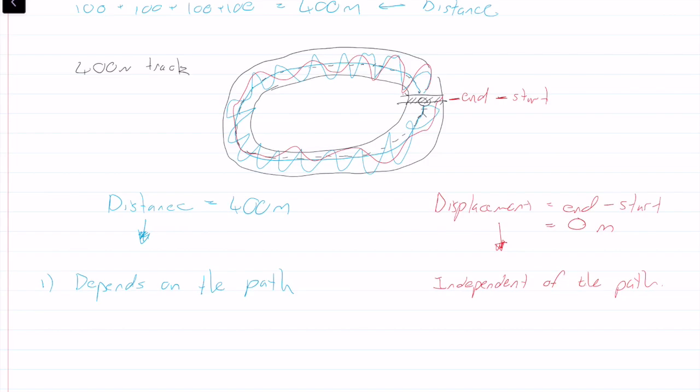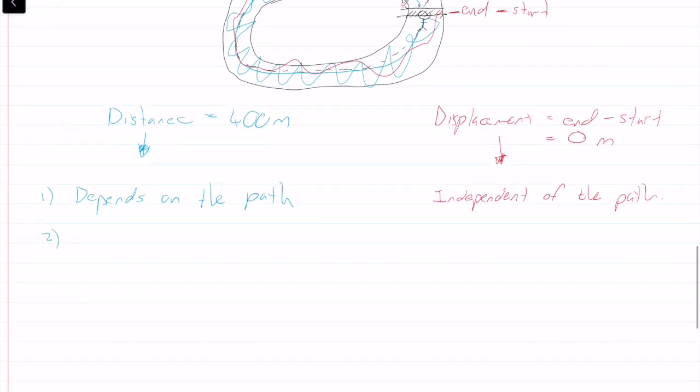Okay, so with distance, we always have positive, always. You can never get a negative distance because it is a scalar. But my displacement can be positive or negative.